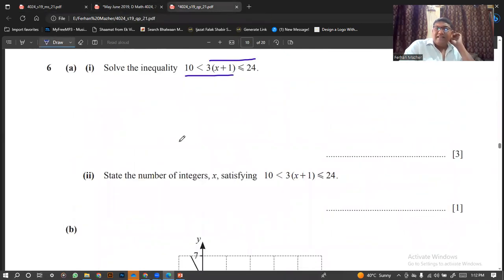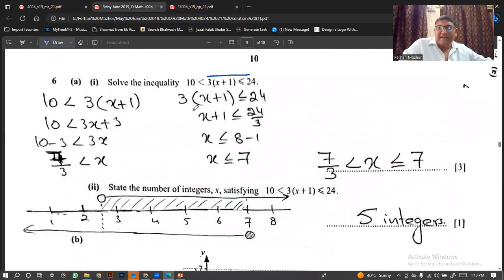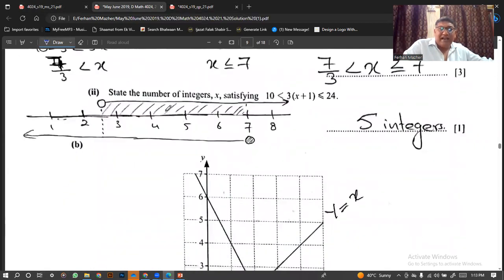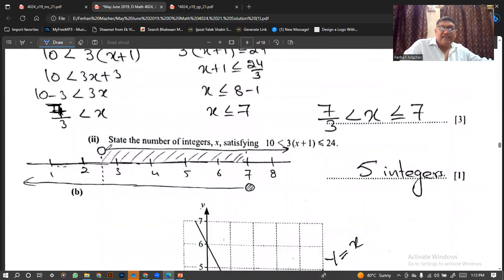Then they say, state the number of integers x satisfying this inequality. It is the same inequality, so I will represent the solution on a number line. The x is more than 2.3333, which I represented with this arrow. And x is less than or equal to 7.